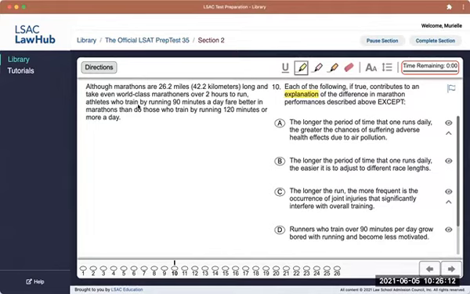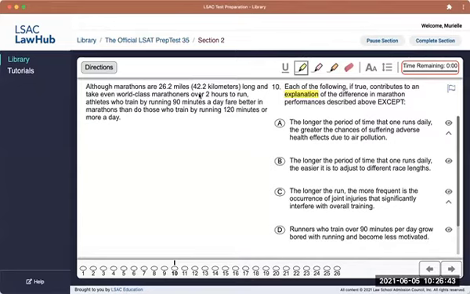Okay, so although marathons are 26.2 miles or 42.2 kilometers long, and take even world-class marathoners over 2 hours to run, athletes who train by running 90 minutes a day fare better in marathons than do those who train by running 120 minutes or more a day.